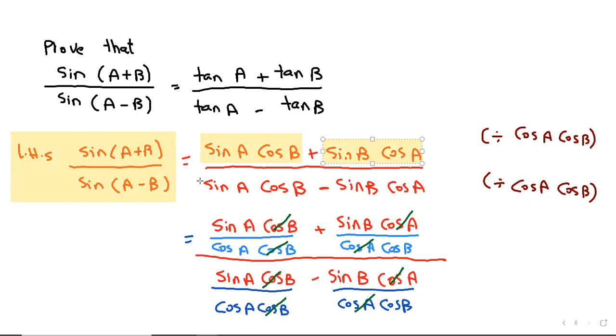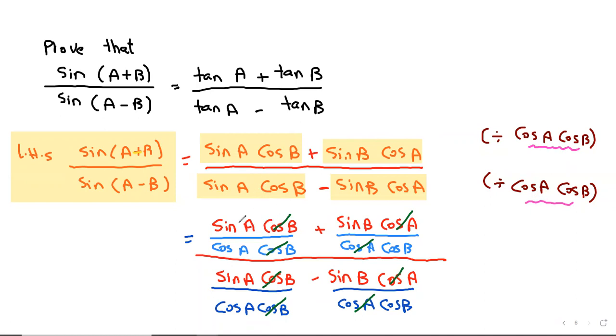And at the denominator, we have sine A minus B, which is sine A cosine B minus sine B cosine A. It's the same rule. Here we have plus, and here we have minus. Then divide the top and the bottom by cosine A, cosine B. Divide all terms of the top and all terms of the bottom by cosine A, cosine B.